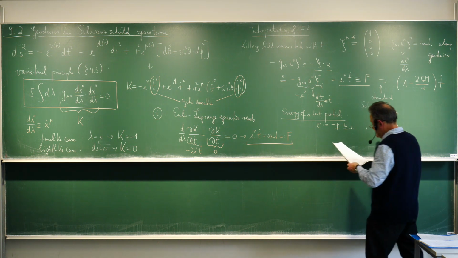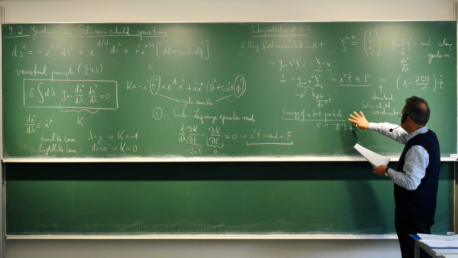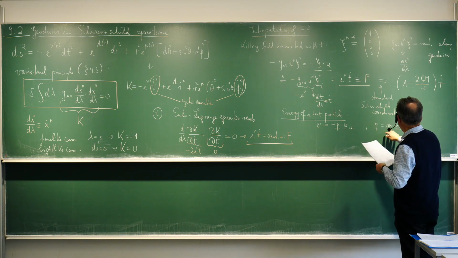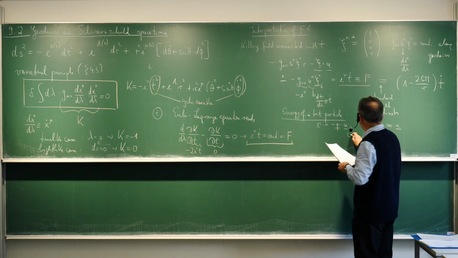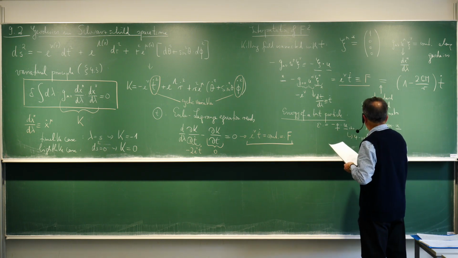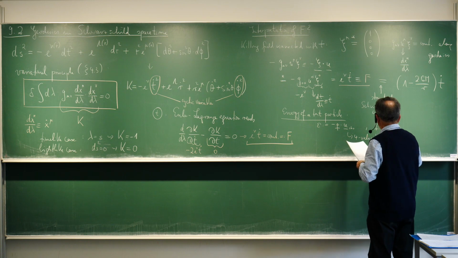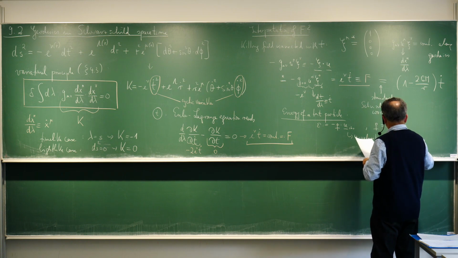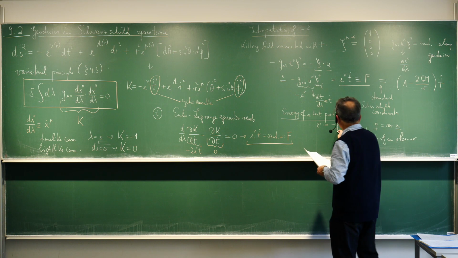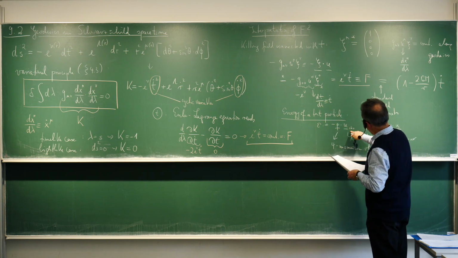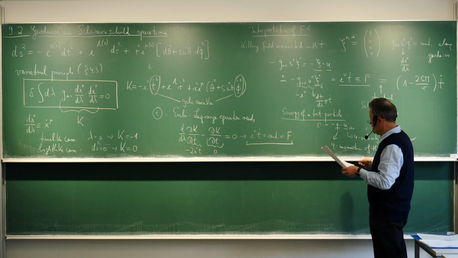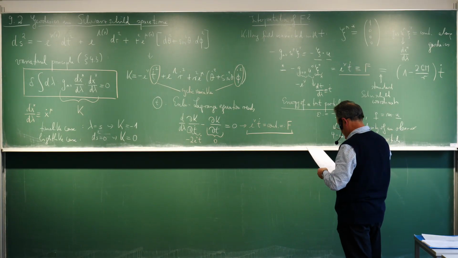Now, if you have a massive body, and this is what I consider now, then it's m times u. So that's the 4-velocity of an observer, and this is the 4-momentum of the particle. This is why I added observer here. So let me just proceed.